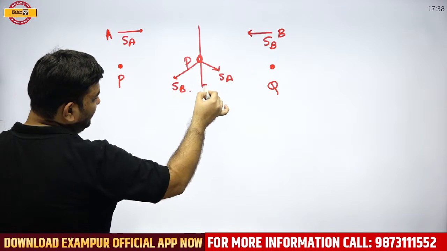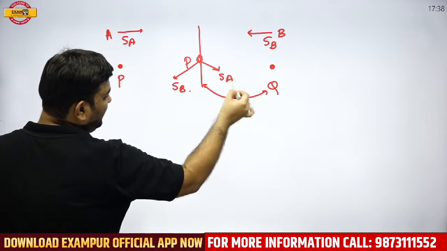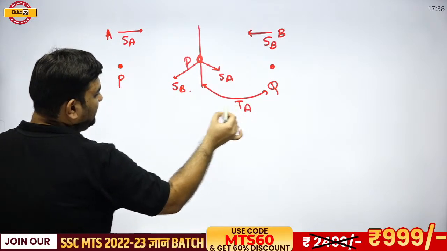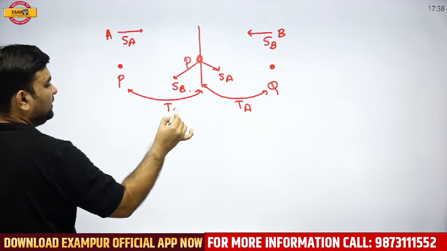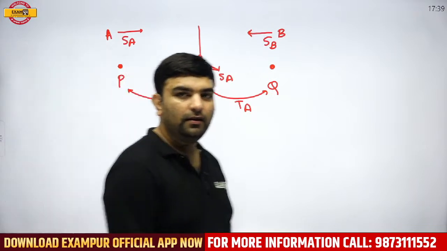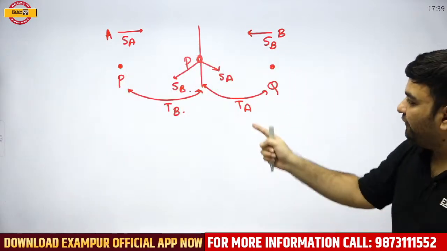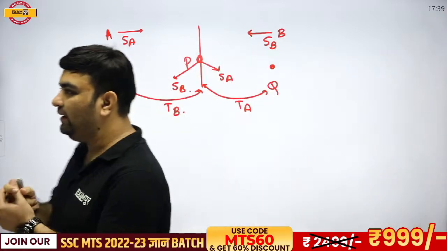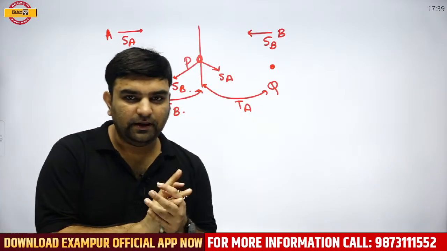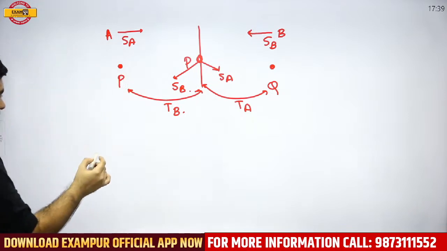Let's suppose in covering the remaining distance, the time taken by A is TA and the time taken by B is TB.